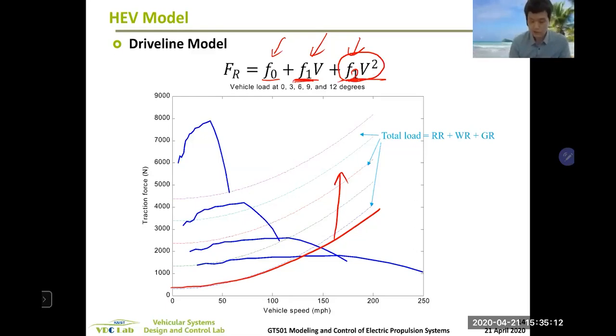Because with increasing speed, this term increases quadratically, right? So F2 should be minimized. I mean, F1, F0 should be minimized, but the impact of F2 and F1 is bigger, right? At higher speed.